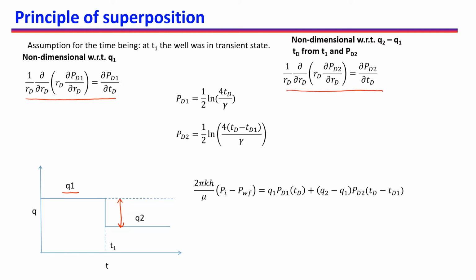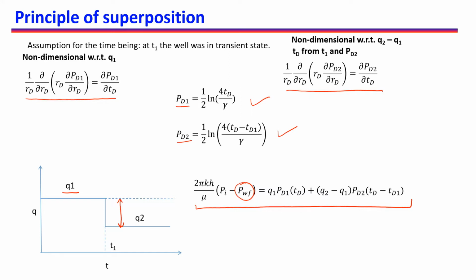So here this is for Q2 minus Q1. Using these PD1 and PD2, one for Q1, another one for Q2 minus Q1, we can find the pressure at the well. So PWF can be found out using this equation.